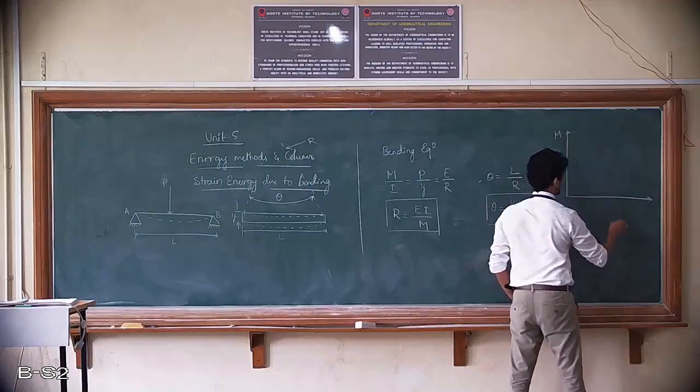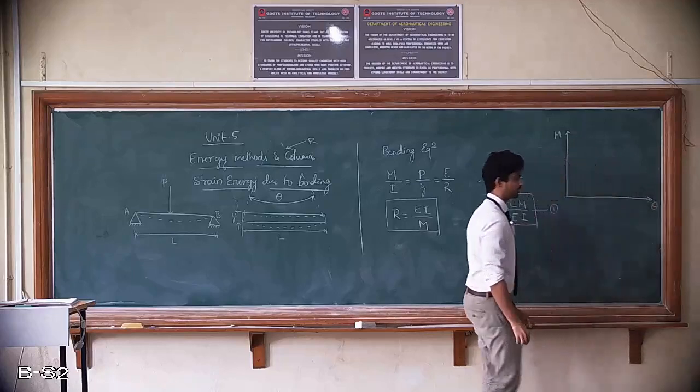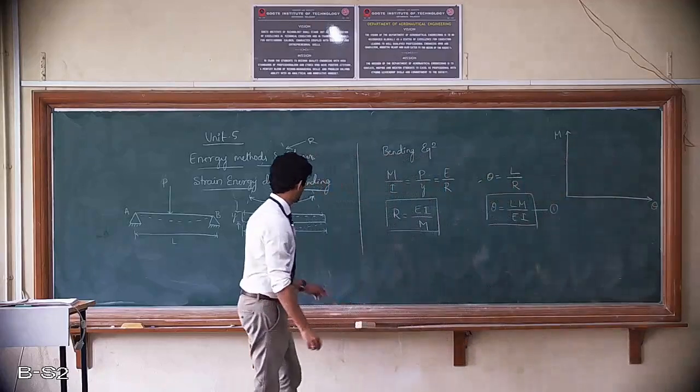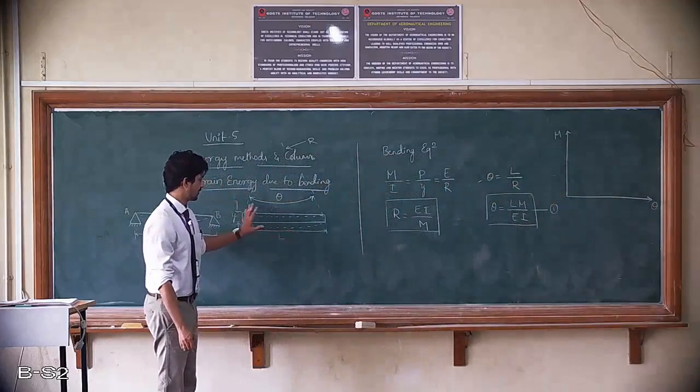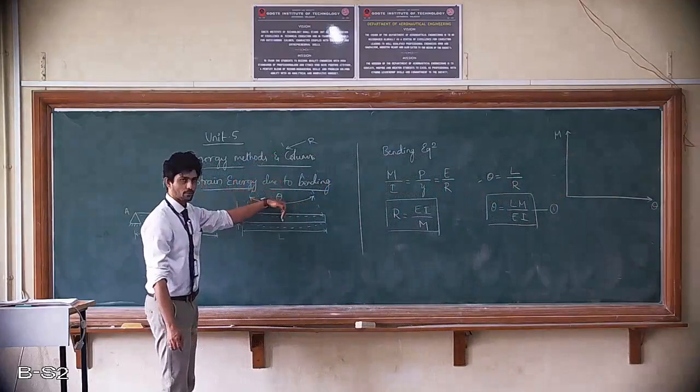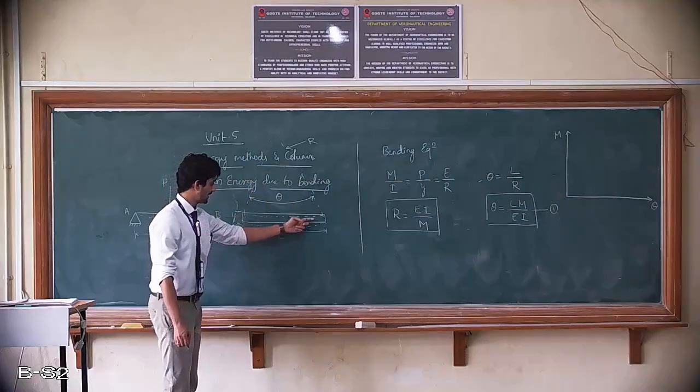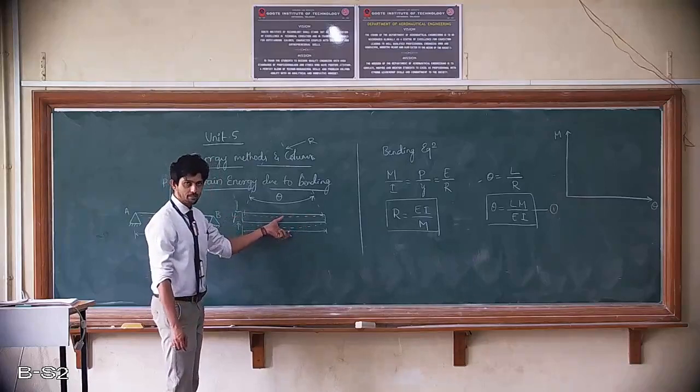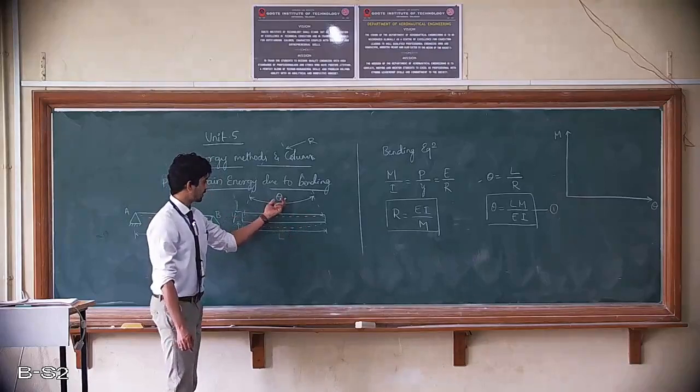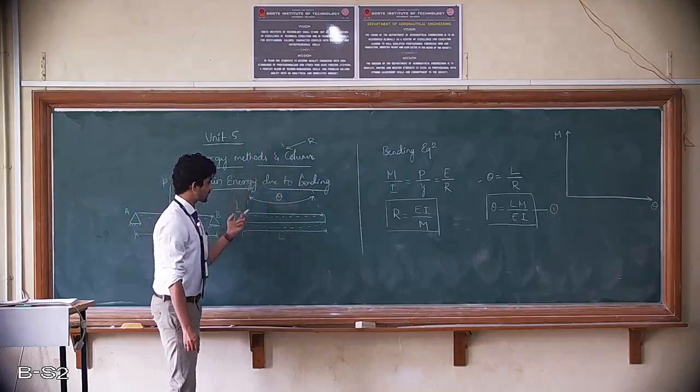moment and theta. If you plot a graph for this particular case, where a load is applied from the top on a simply supported beam, it leads to certain bending or deflection of the beam, which will give us theta, the angle of curvature, and the radius of curvature.